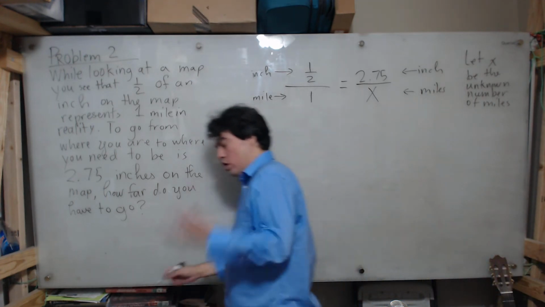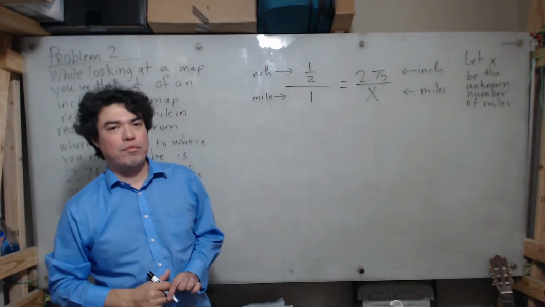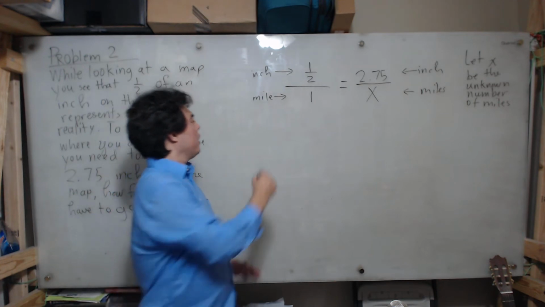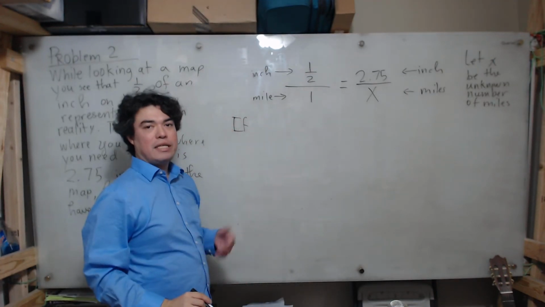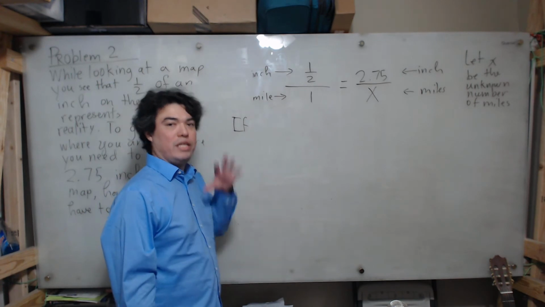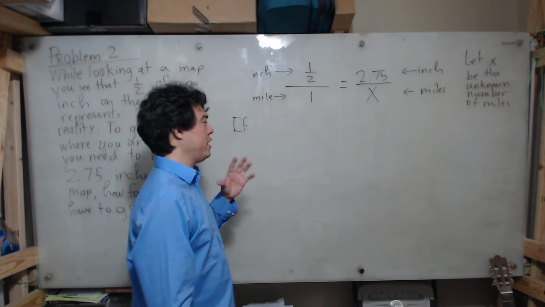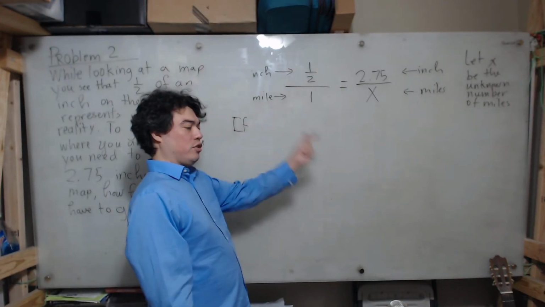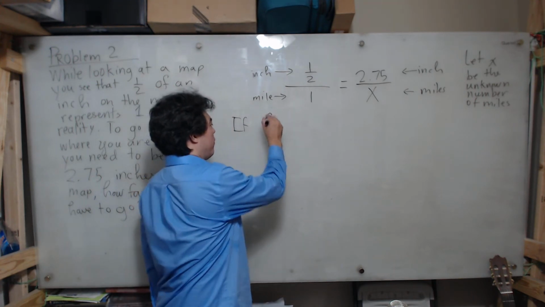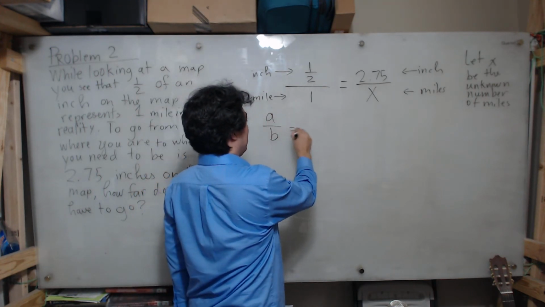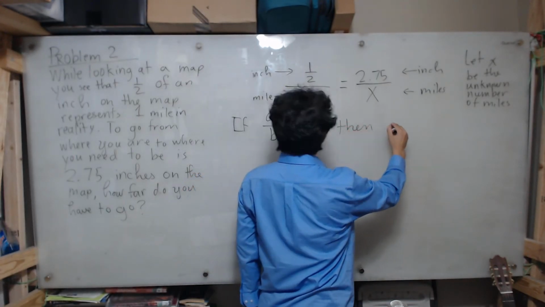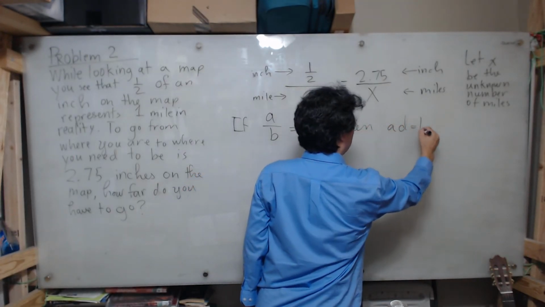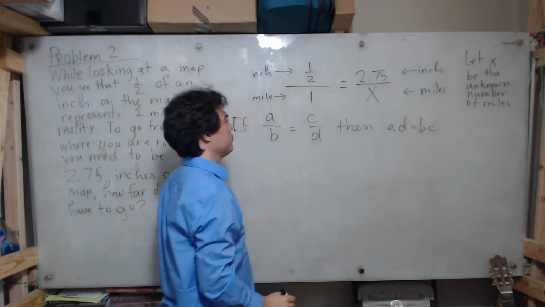Now, I want to recall again our general technique for solving proportion problems. I know that some of you might get tired of me saying it over and over again, but I want you guys to internalize it completely because this is going to help you to just use it automatically. So if A over B is equal to C over D, then AD is going to be BC.